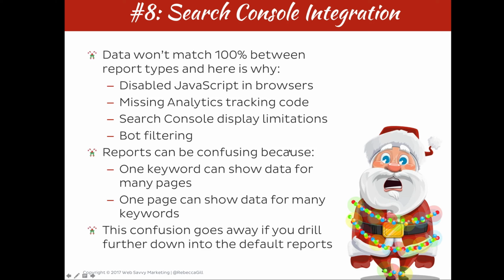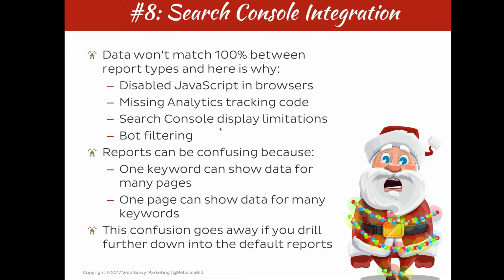A frustrating one for me is Google Search Console limits you to like 999 entries. So it'll only show you like 900 keywords, where if I've got 10,000 in analytics, I would see all 10,000. That's frustrating. And then the fact that they filter those bots that come through differently. So that's going to throw things off a little bit as well.